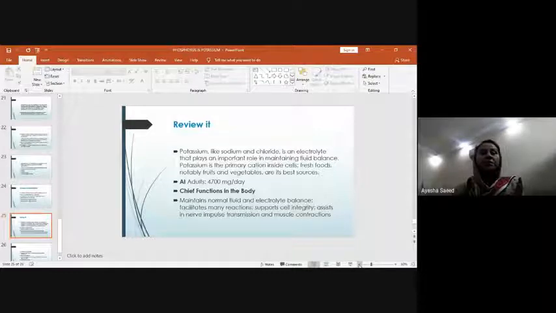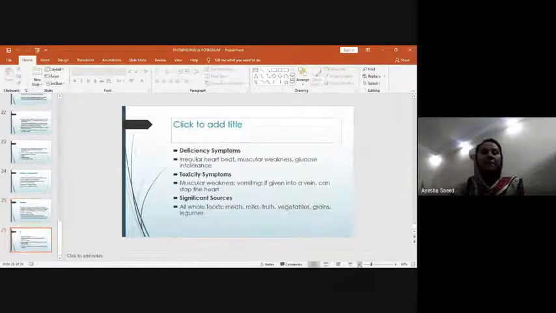Potassium is an electrolyte that maintains fluid balance. Primary cation, positively charged ion in the cell, found in fresh fruits and vegetables. Adults, adequate intake is 4700 milligrams per day. It assists in nerve impulse transmission and muscle contraction.